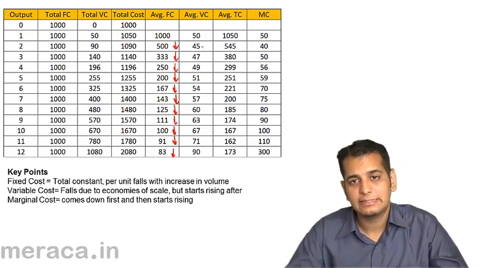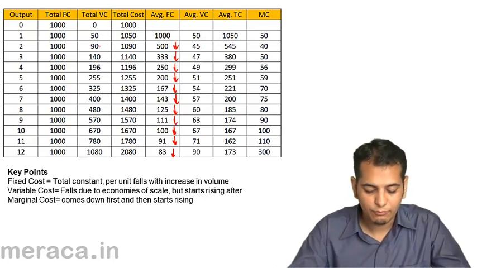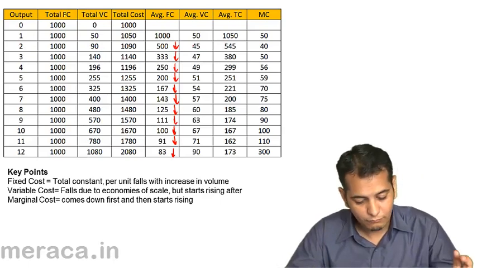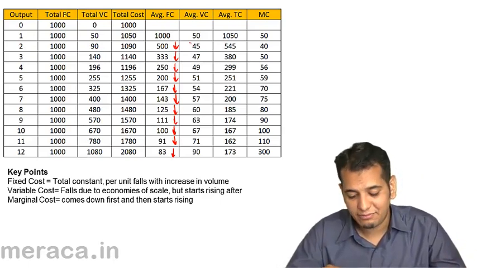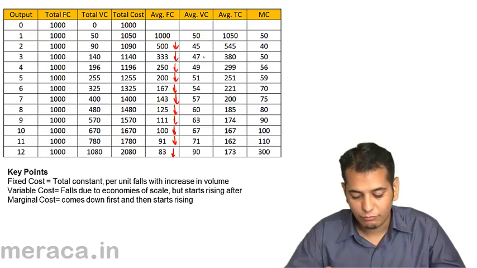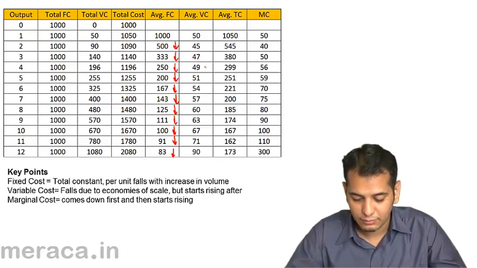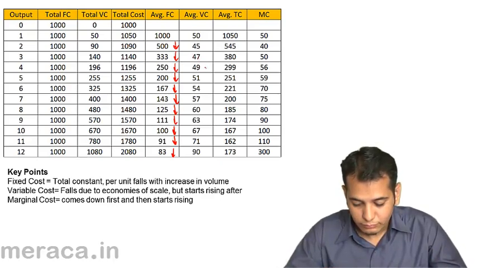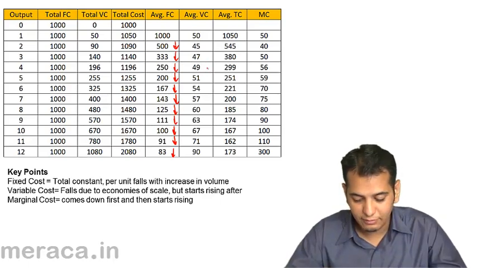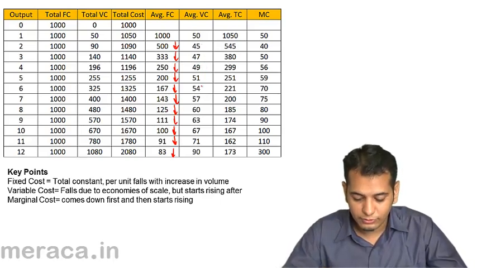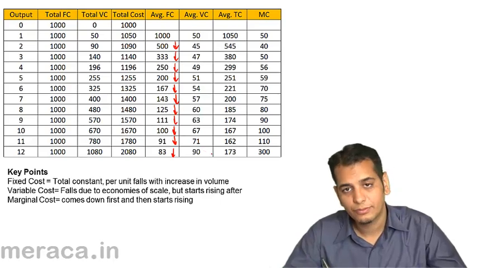For 2 units, the average variable cost will be 45, that is 90 divided by 2. For 3 units, it will be 47, that is 140 divided by 3. For 4 units, it will be 49, that is 196 divided by 4. So on and so forth, we'll go till the 12th unit.